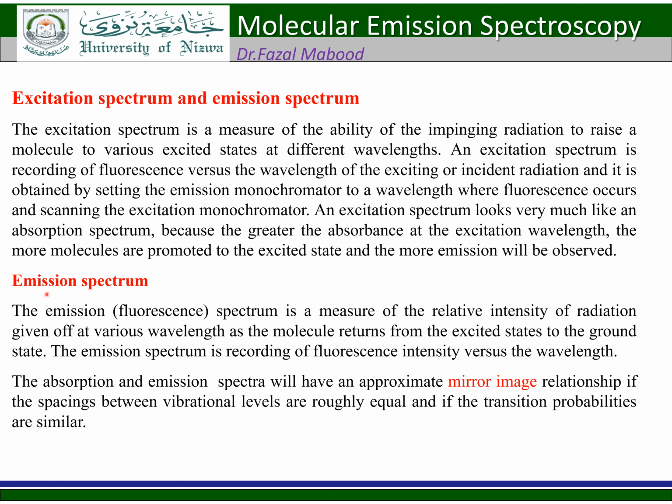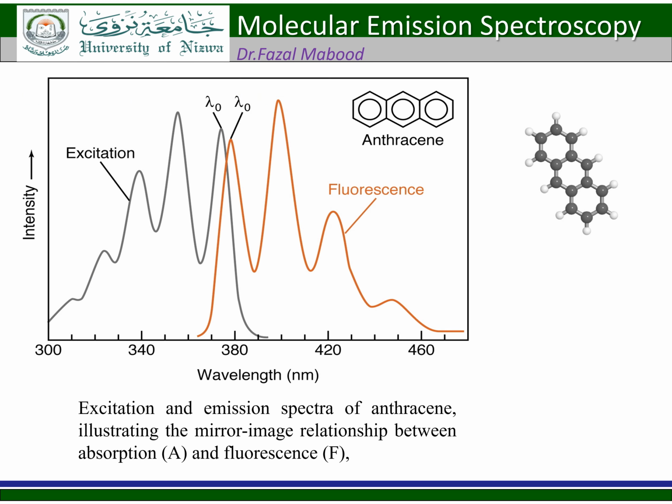The emission spectrum is the curve in which on one side we take the emission intensity and on the other side the emission wavelength. As you can see here, this is the excitation spectrum, and here this is the emission spectrum. On this side we take intensity, on this side the wavelength. And these two are mirror images of each other.